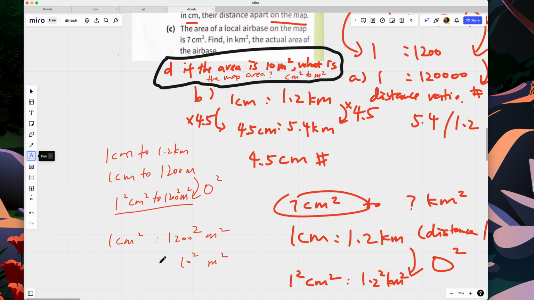By the way, which one is bigger? The 1200. So how do you get from above to below? Just use your calculator. You divide by something.